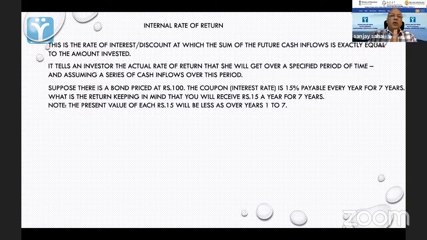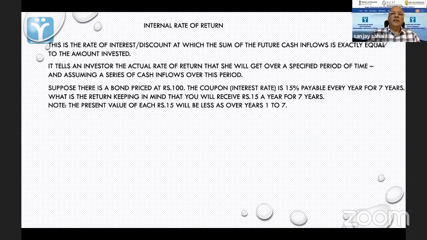So think of a bond. A bond is essentially a debt instrument. Let's say that a company wants to raise money from the public, doesn't want to go to a bank, and it's not interested in giving you a share of the company. So what it does is it issues a bond. A bond is an undertaking from the company to repay the amount which you invest in it after a fixed period of time.